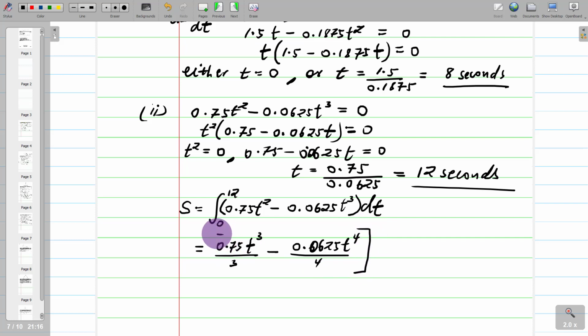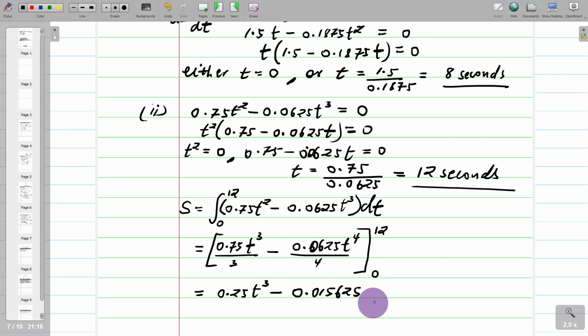of course the limits of integration are from 0 to 12. This one will actually give us 0.25t cubed minus, when I've divided 0.0625 by 4, I get 0.015625.